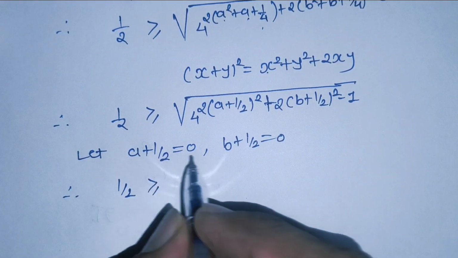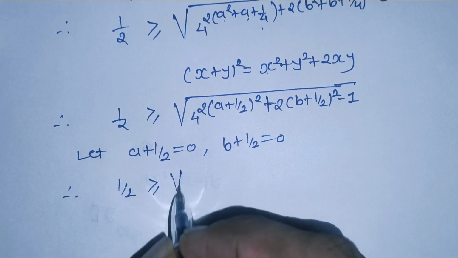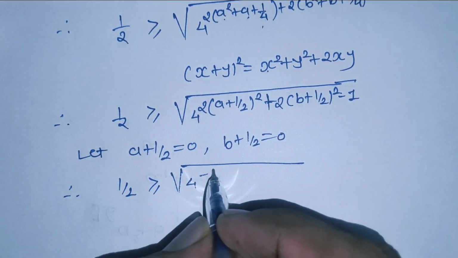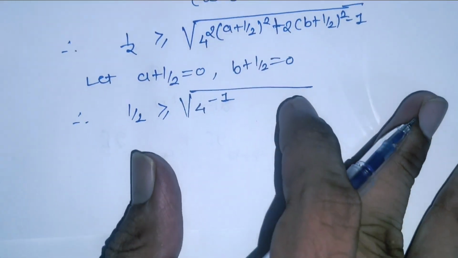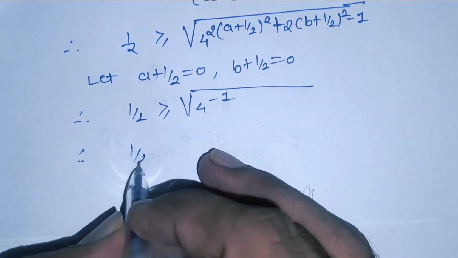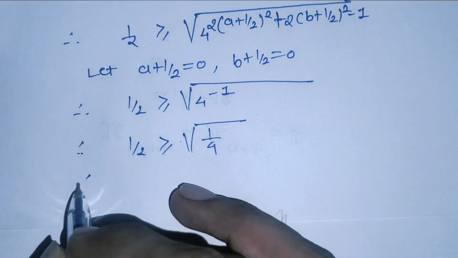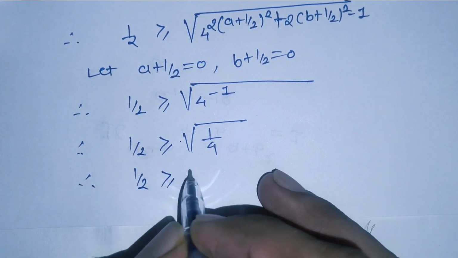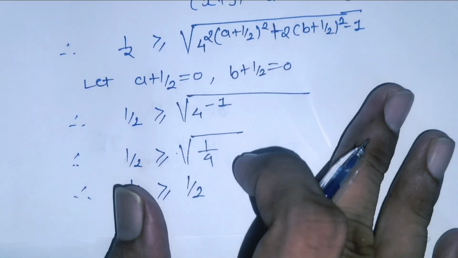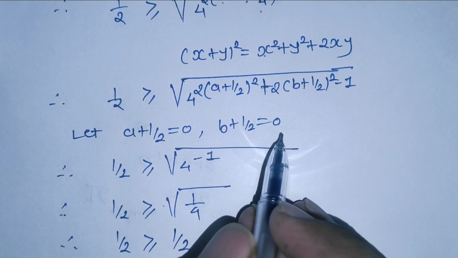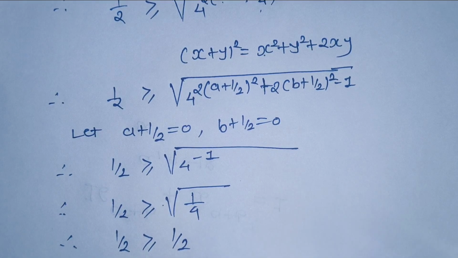For a, this part is 0 and this part is 0, square root of 4 into 0 is 0, so only minus 1 remains. Therefore 1 by 2 is greater than or equal to square root of 1 by 4, and the square root of 1 by 4 is 1 by 2. So 1 by 2 is greater than or equal to 1 by 2, which satisfies the condition. Means a plus 1 by 2 equal to 0 and b plus 1 by 2 equal to 0 is a correct solution.